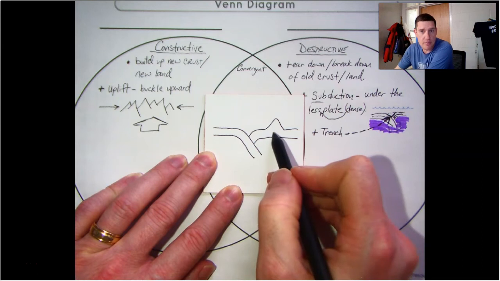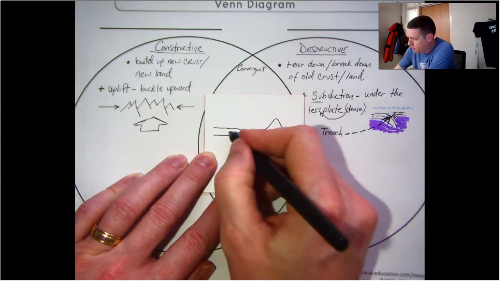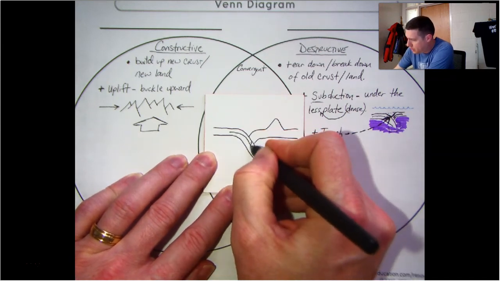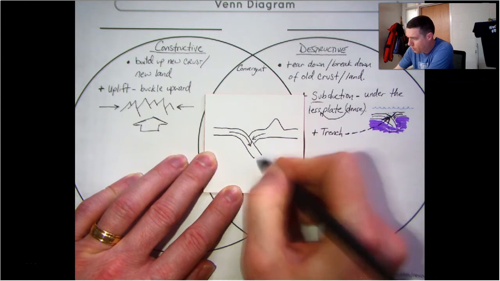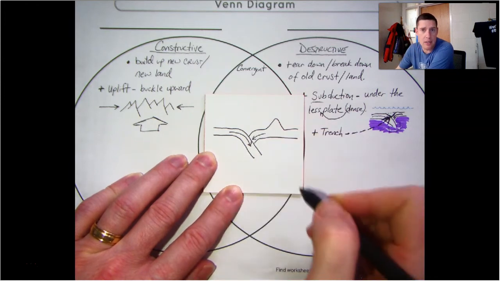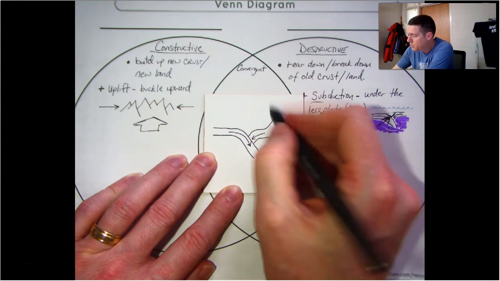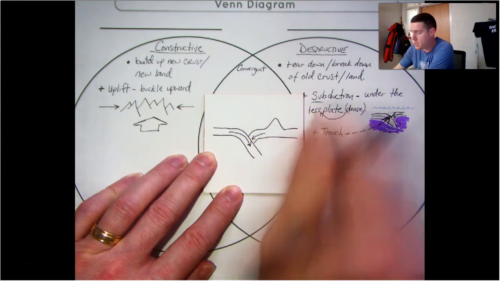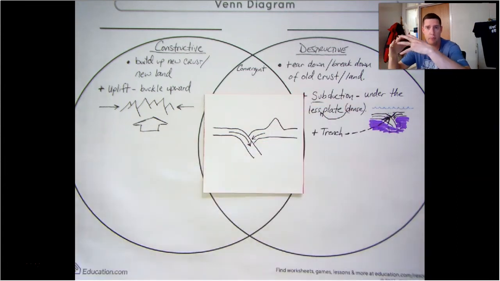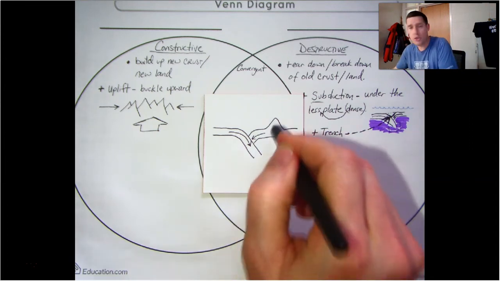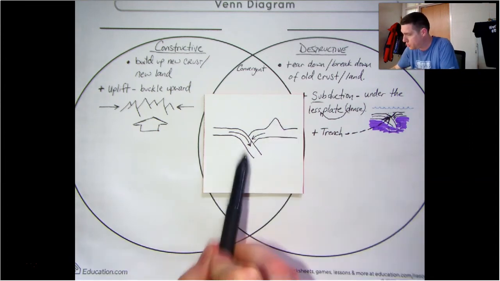You're going to get this uplift. So while you are destructing old crust down here back into the asthenosphere, you're also getting the land over here to buckle and be forced upward to create this new landform, a hill, a mountain, a volcano, whatever you have over here. Well, there's your constructive and there's your destructive.